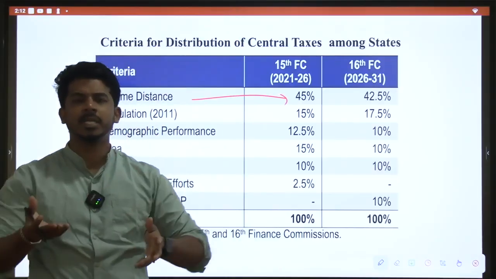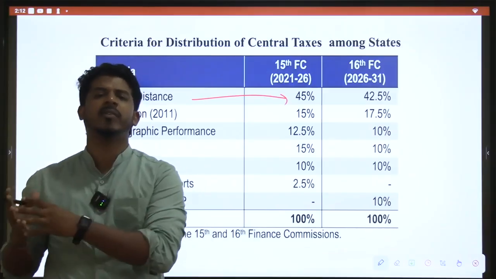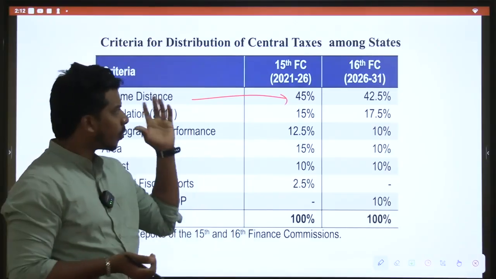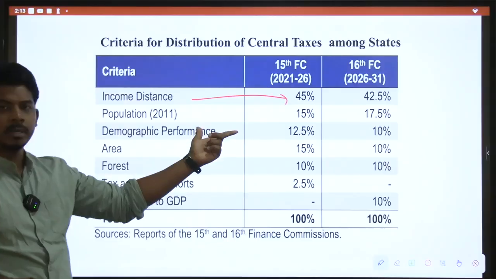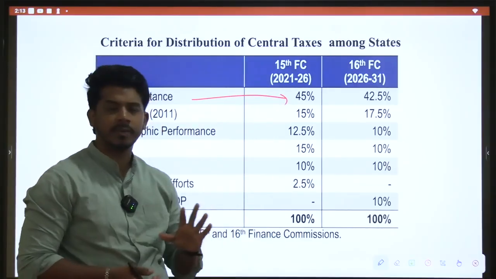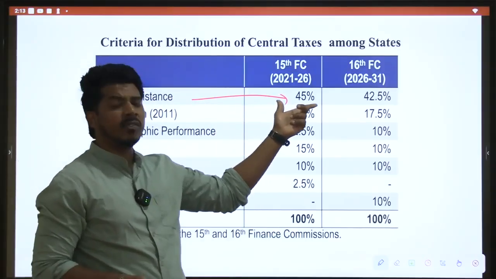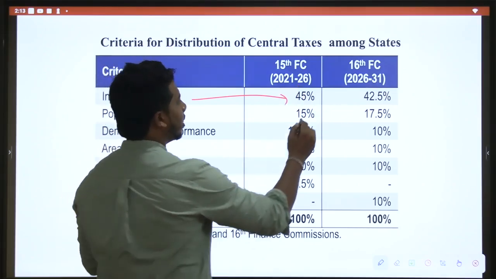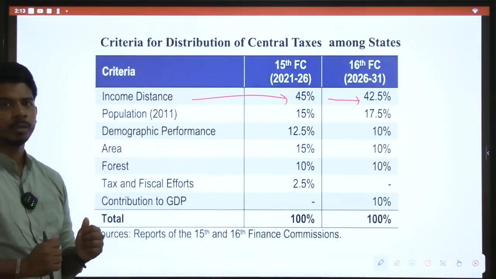There are some states with high per capita GDP like Maharashtra, Tamil Nadu, and some states with very low per capita GDP like Bihar. So the distance between the top states and the bottom states is the income distance, and based on this weightage they will distribute. Income distance is given 45% weightage by the 15th Finance Commission. You can see the 16th Finance Commission has slightly reduced this income weightage to 42.5.